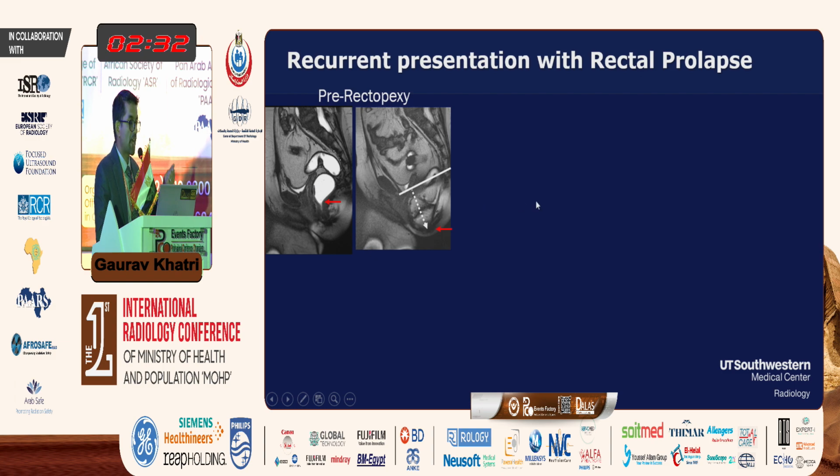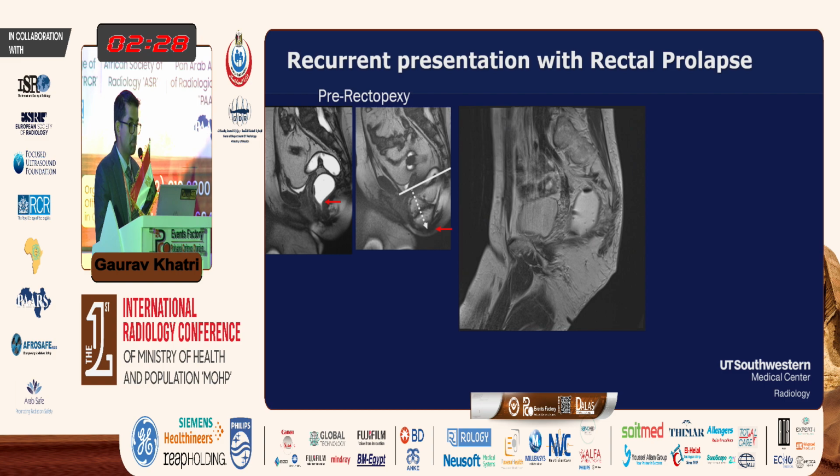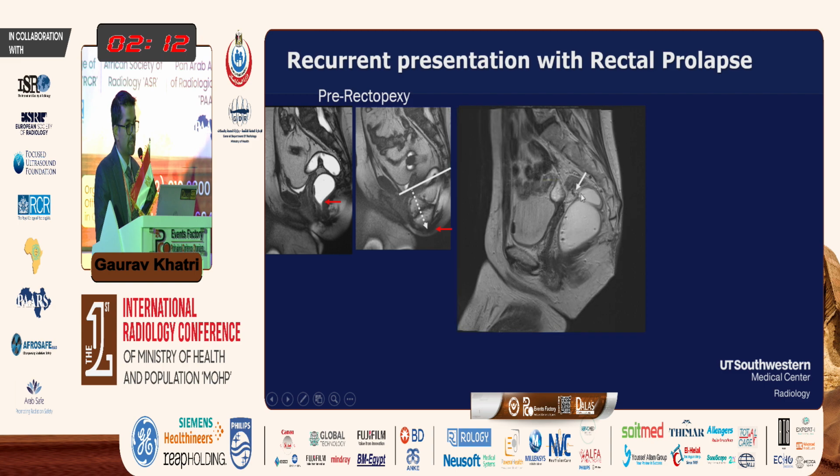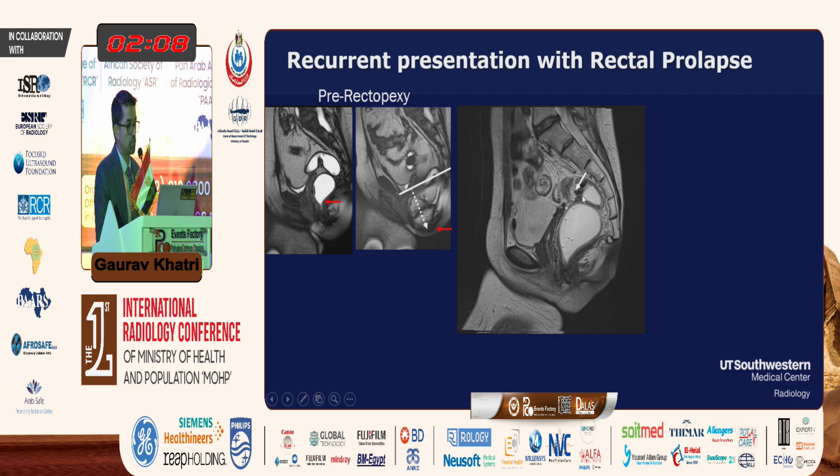So then they said, well, now we need to do a rectopexy, and they did a rectopexy, and this is the same patient. This is the sacrocolpopexy mesh, but you notice this additional mesh that was not there before. The white arrow is showing you the rectopexy mesh, and as it travels, here it is here, going towards the rectum, and this is what the rectopexy will look like, attaching to the anterior rectal wall.